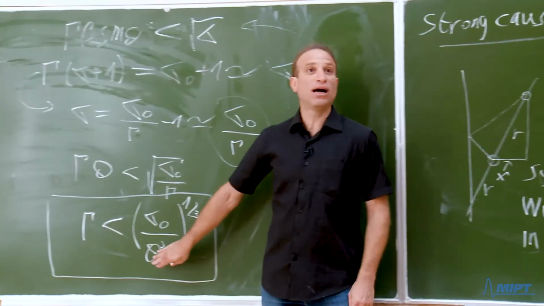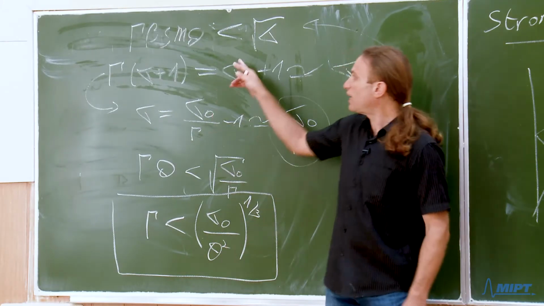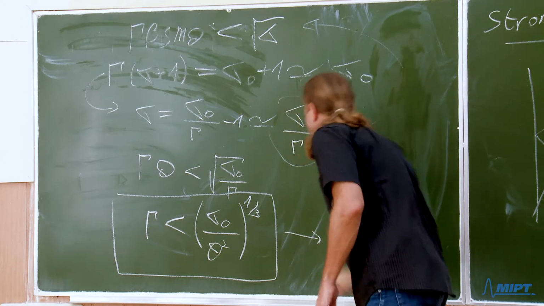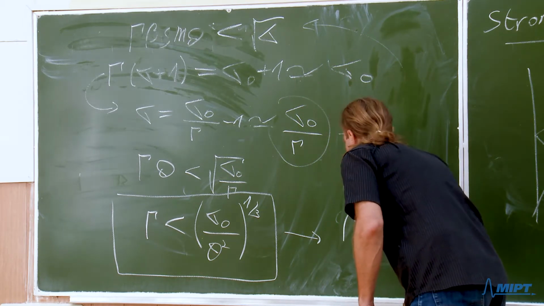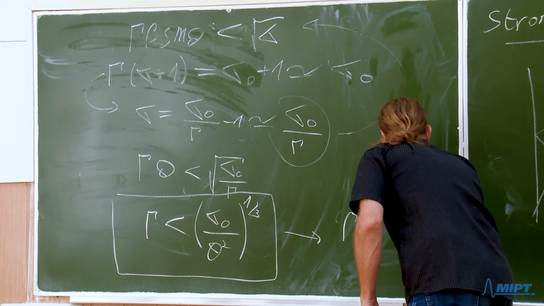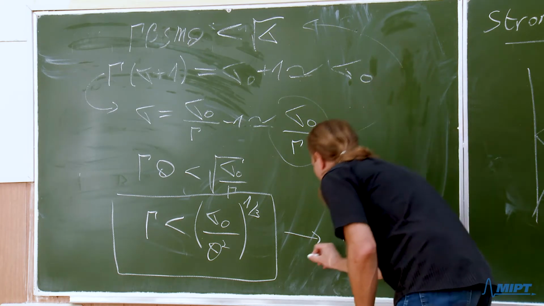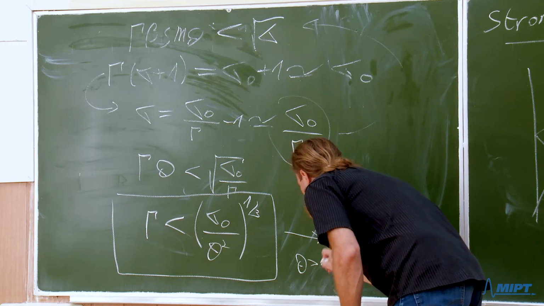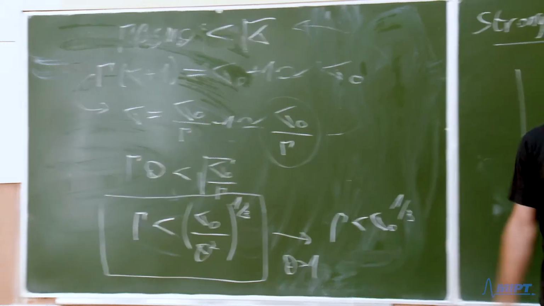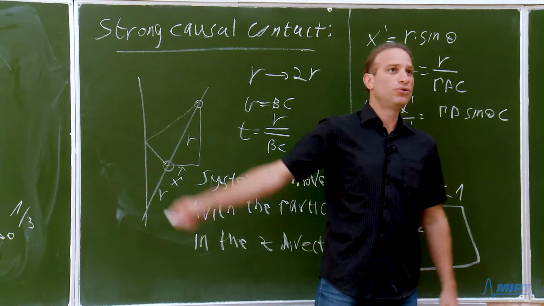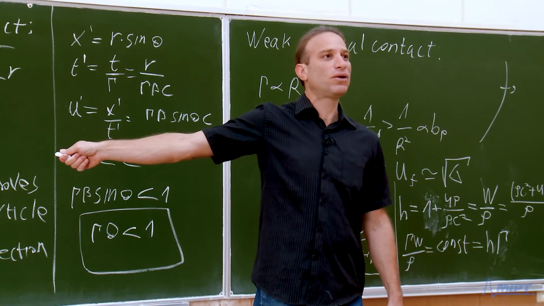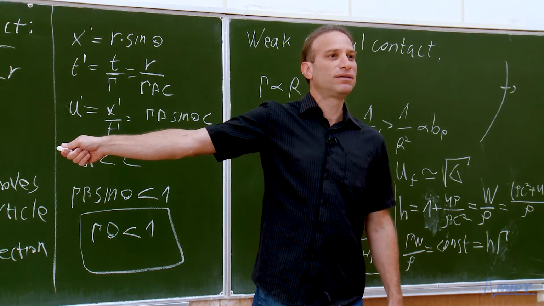Now when theta is large, sine theta is roughly 1. So when theta is larger than 1 radian, I'm getting that gamma is smaller than sigma 0 to the power of 1/3. Do you recognize this inequality?